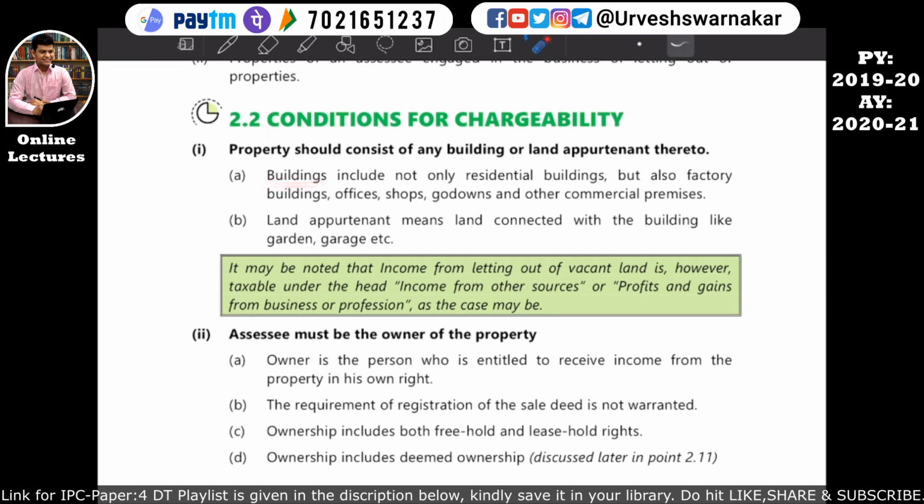Basically, a building includes not only a residential building, but it also includes a factory building, office premises, a shop, a godown and any other commercial premises.